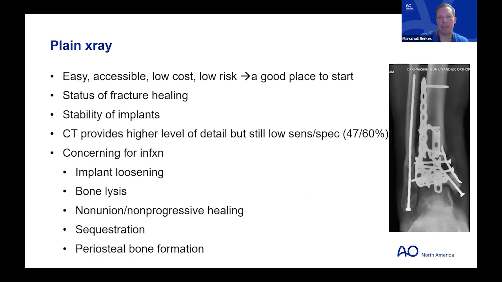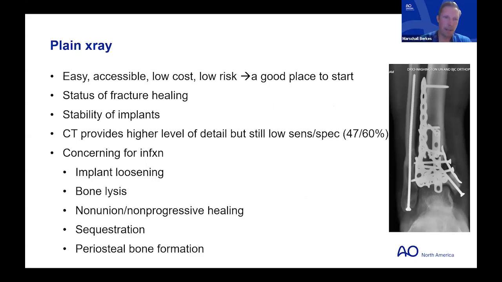So this is certainly a good place to start in terms of plain X-ray, because you want to know, is the fracture healing, and are things stable? If the answer to neither of those things is true, then your treatment would probably change rather drastically compared to if it was.